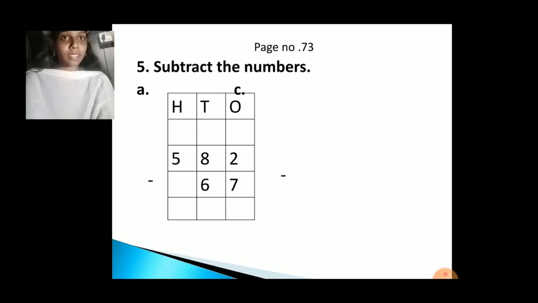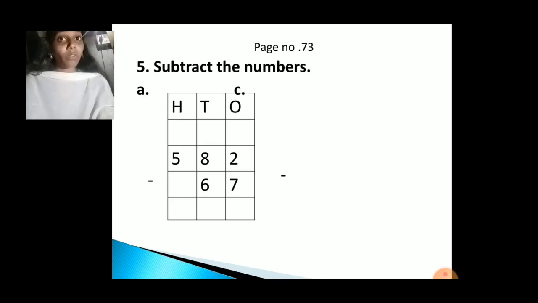582 minus 67. First we will start the subtraction from the ones place. Very good. At the ones place, we have to subtract 2 minus 7. But 2 is smaller than 7. So, we cannot subtract. In such a condition, we will apply the borrowing concept.